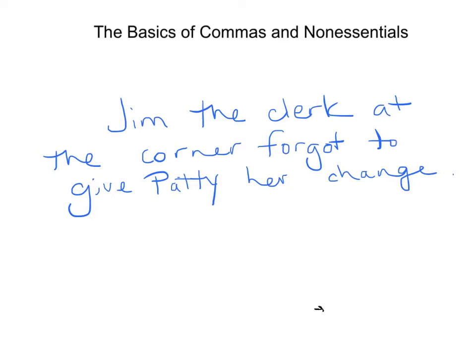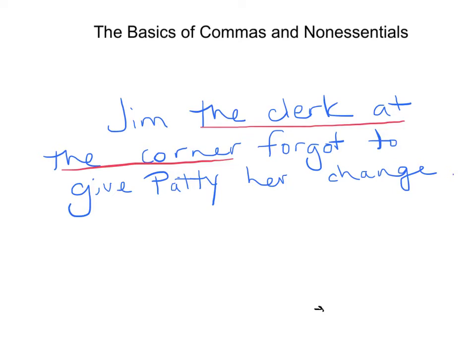So, for instance, if we were to simply take out the part that said, "the clerk at the corner," and read it this way, "Jim forgot to give Patty her change," we understand that that sentence makes sense and has all of the essential information, leading us to the conclusion that the phrase, "the clerk at the corner," is non-essential. Remember, we need to separate non-essential phrases with commas.